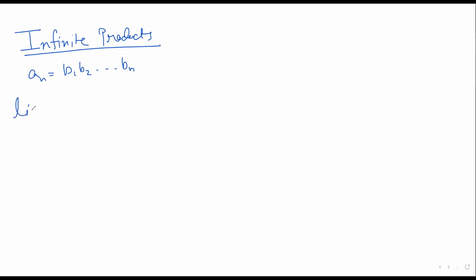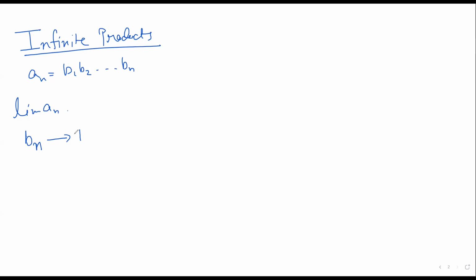This is an. Then you want to understand the limit of an. So certainly we have bn tends to 1. This is just as the nth term should go to 0 for a sum; here it should go to 1. You can take logs, even for negative numbers if you know the complex logarithm.